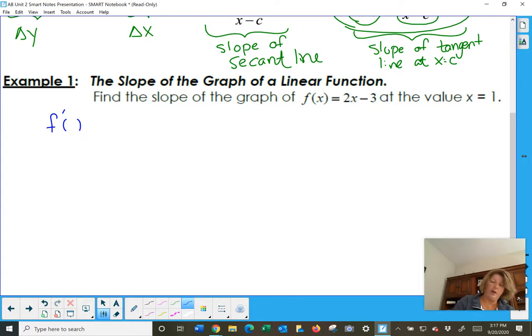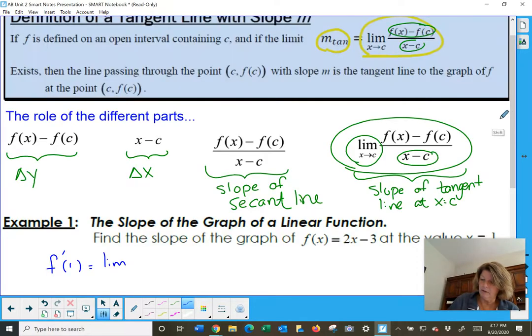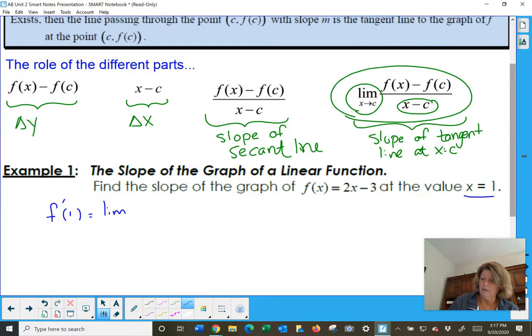It'll be f prime, and we're approaching 1, so f prime of 1 equals the limit as x goes to 1. I'm putting 1s in here for c. The limit as x goes to 1 of f of x minus f of 1 over x minus 1.